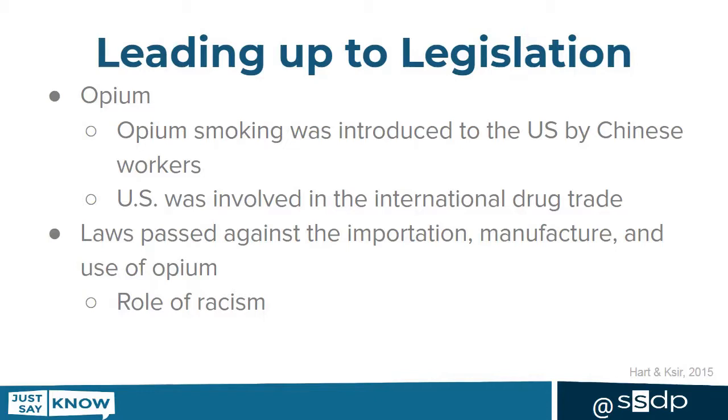And as a result, costs of opium increased in the illicit market, and lower class opium users, quote unquote, took up other options. So they started using morphine or heroin. And so again, you can see, as was described in that video, the role of racism in all of these laws.